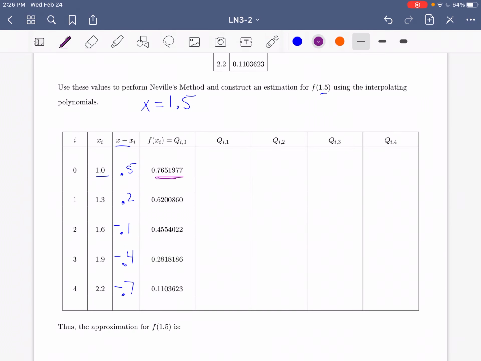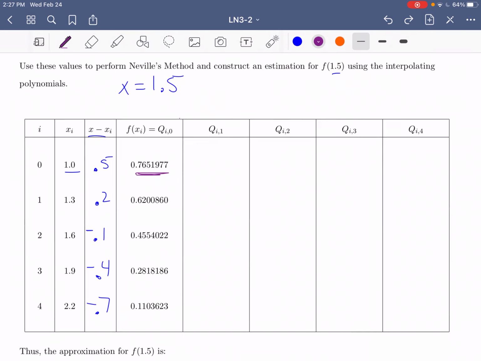If we use just a single point, then we have no other information, and so that is the best estimate. So that is our Lagrange polynomial when we use just a single node.